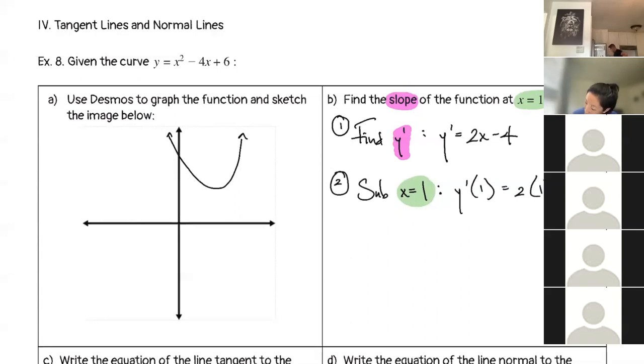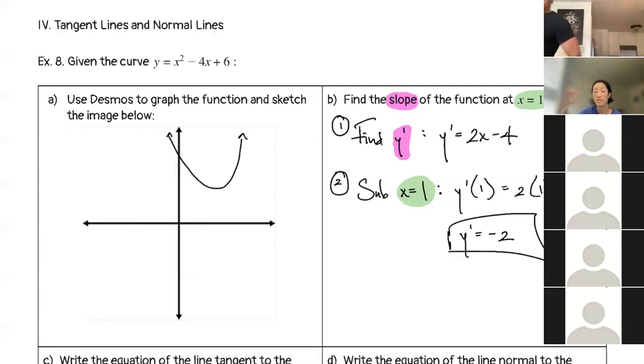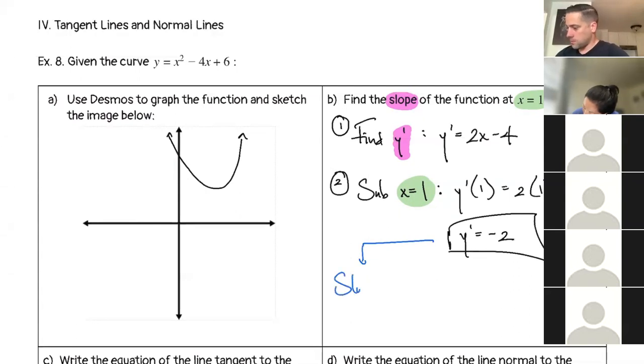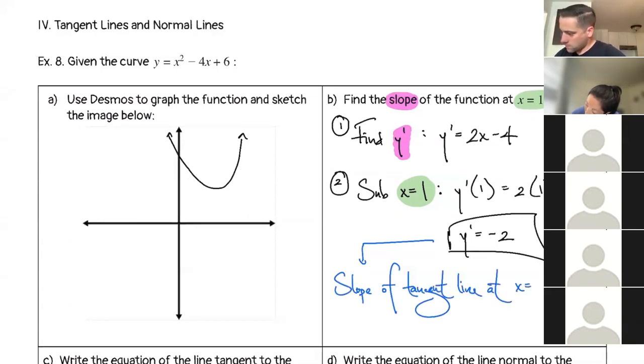So 2 times 1 minus 4, and we get y prime equals -2. Okay. And so what we found is the slope of the tangent line at x equals 1. All right. In fact, let's write that down. This is the slope of the tangent line at x equals 1. Okay.